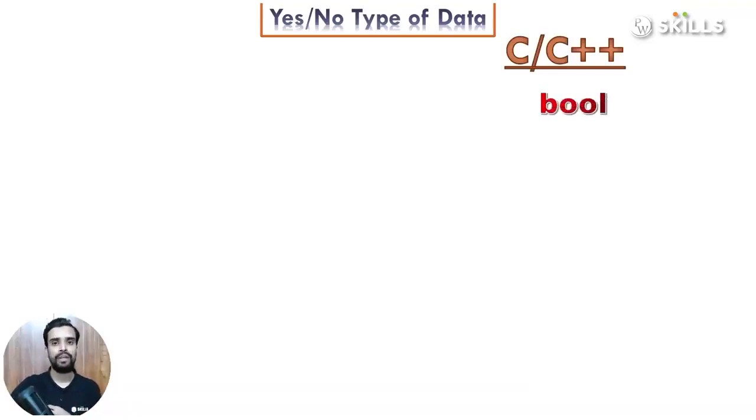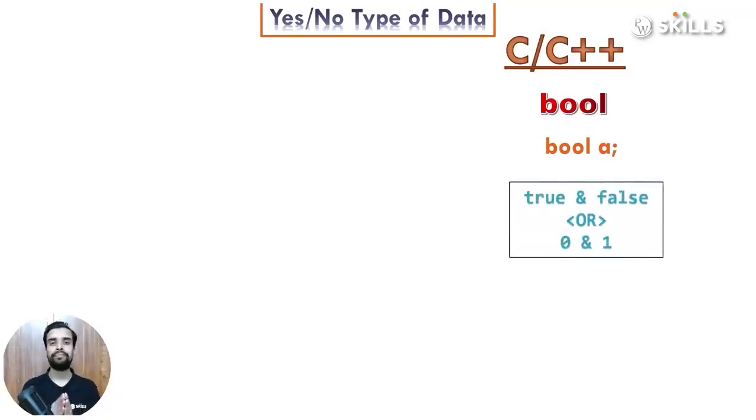And using this data type, if I declare a variable called a, what are the valid literals that I can assign? In these two programming languages, I have two options. Either I can assign true and false, or I can also assign an integer value. 0 indicates false, and any non-zero value, not just 1, would indicate true.